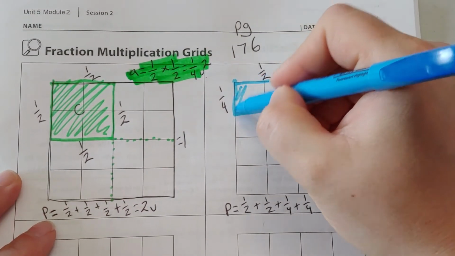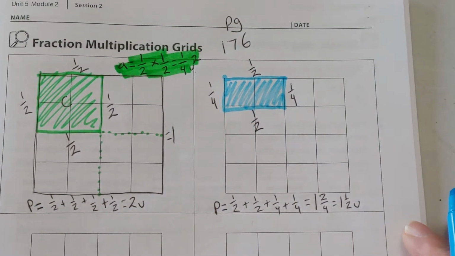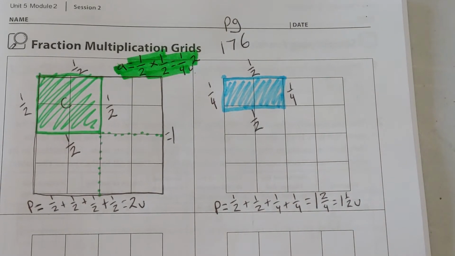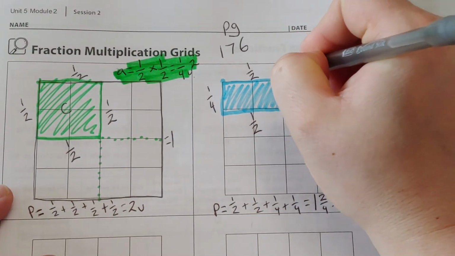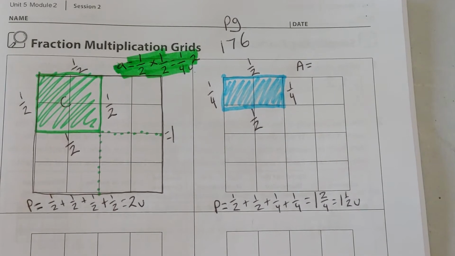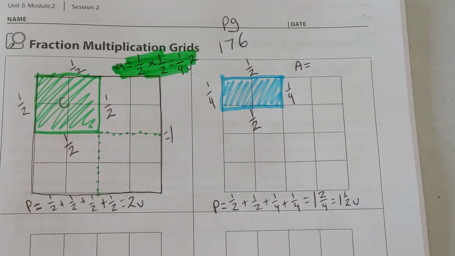But today is not perimeter day. Today is area day. Again, I haven't taught you how to multiply fractions, but you are very smart. How can you use what you see and what you know to figure out the area of the blue?